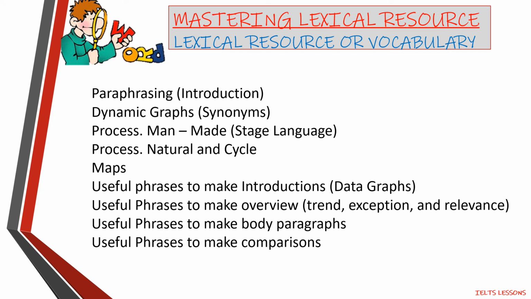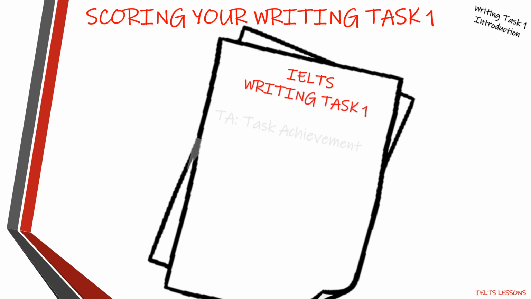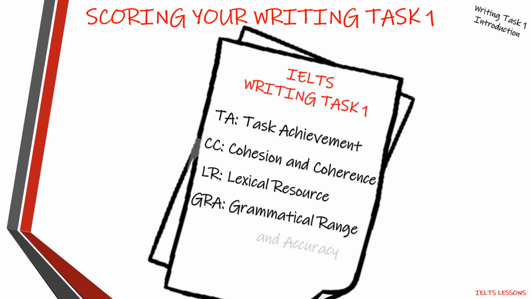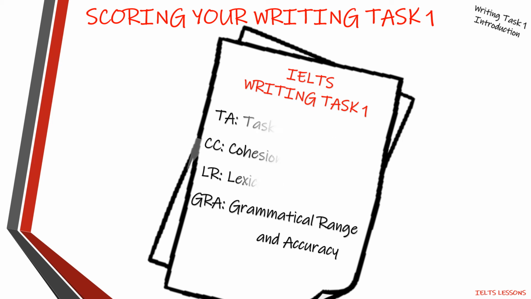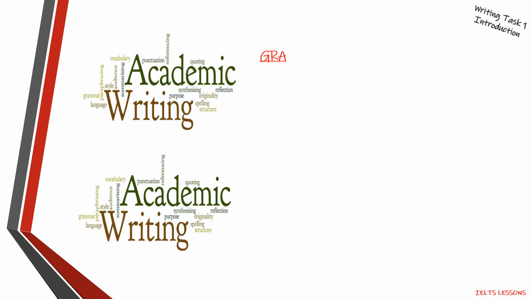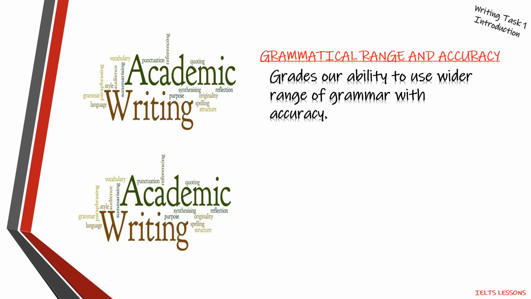Alright, now finally, the fourth criterion is the GRA, or the grammatical range and accuracy. Now take note, it says here range in grammar and accuracy. So in this fourth and last criterion, it grades our ability to use a wider range of grammar with accuracy.